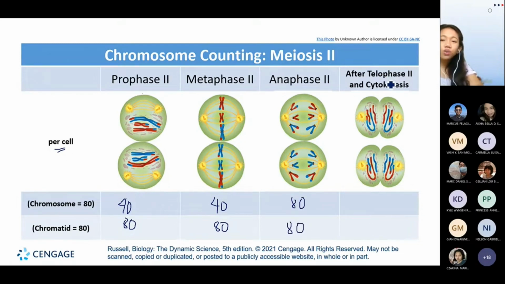Okay, last one. So, at the end, after dividing into two daughter cells, how many chromosomes and chromatids will there be per cell? Our final number.